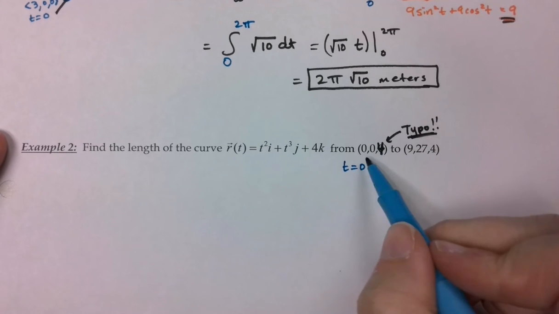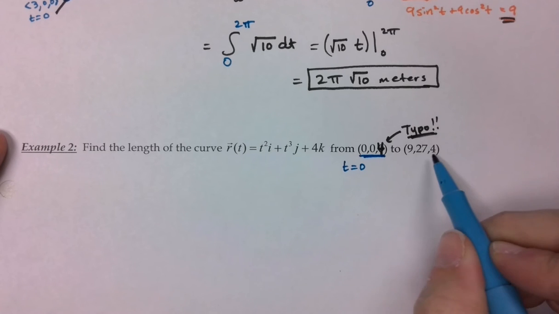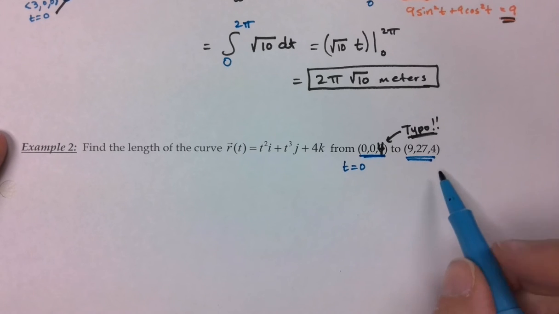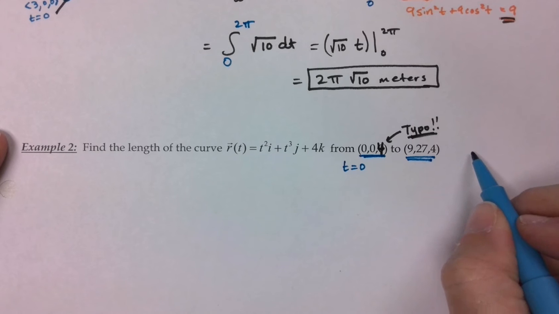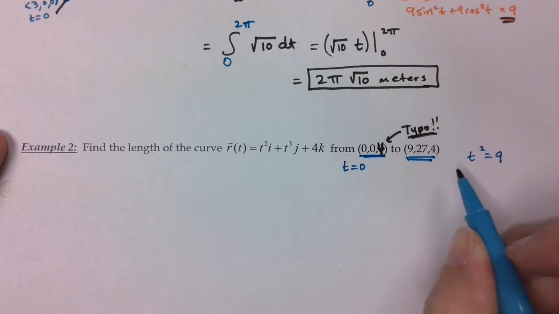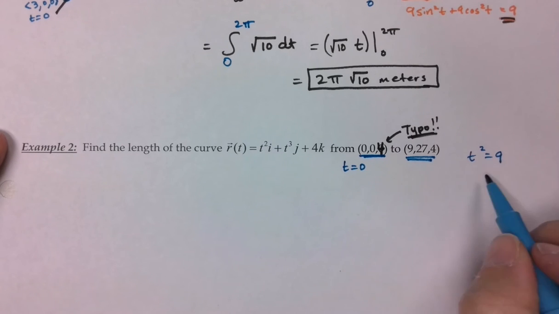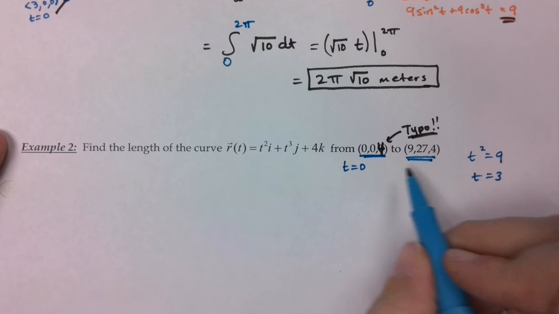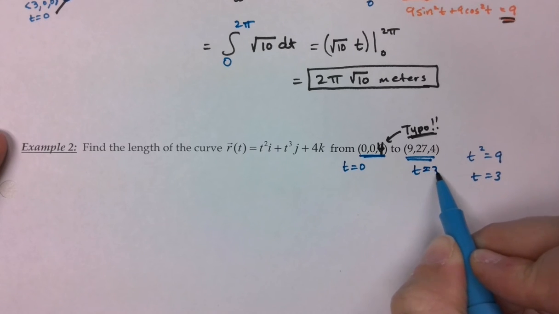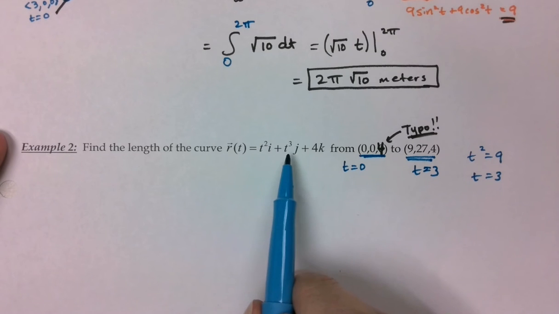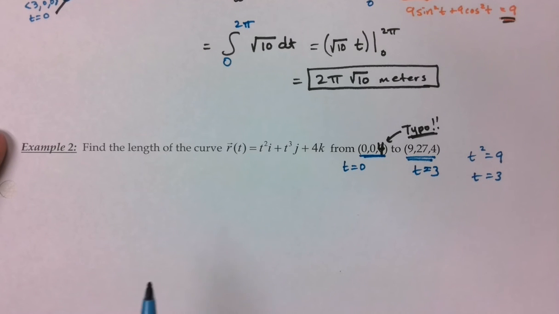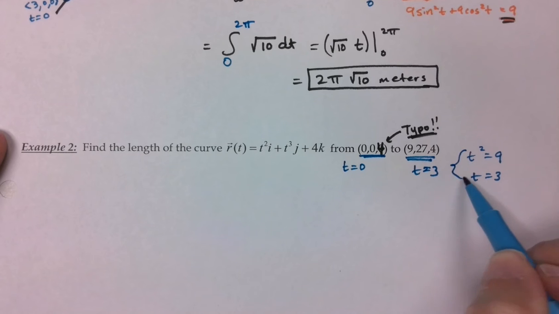So this is t equals 0 right here, that value. Okay, I need to figure out what this could be. So I need t squared to be equal to 9, so that means t is equal to 3. It also works with t to the third equals 27, right? 3 to the third is 27, so that also works. So this is why that is the case.